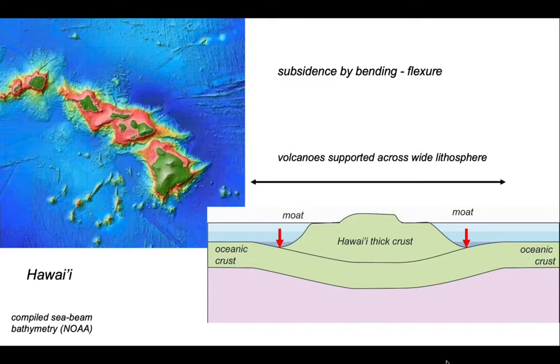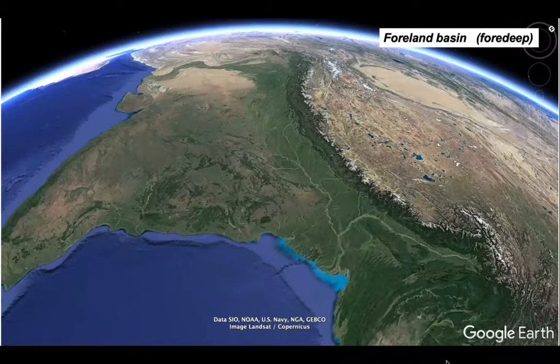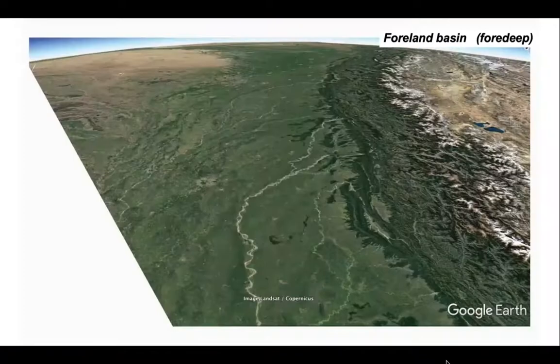So let's take this idea and return to Asia. This process of loading adjacent to mountain ranges creates a foreland basin, otherwise known as a foredeep. Let's zoom in. So here is this foredeep basin with the Himalayas forming the snowy hills on the right and the Indian Craton over there on the left, and the basin in the middle in the lighter green colours.